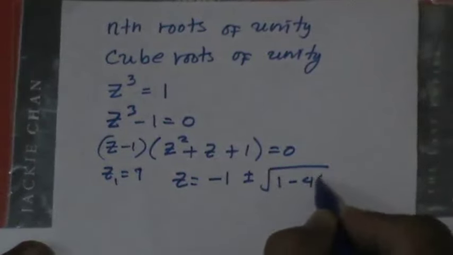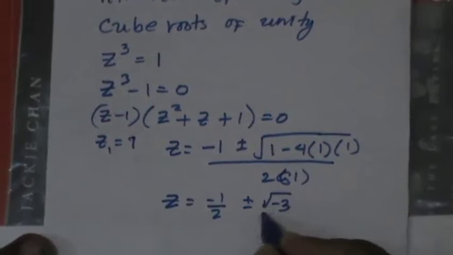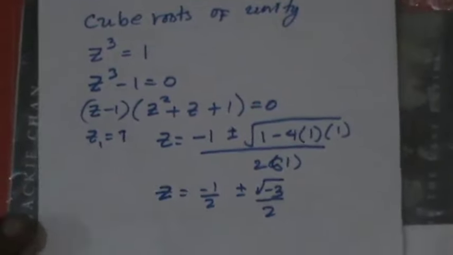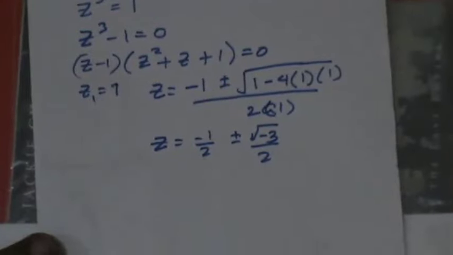Let's simplify that. It will give us z equal to negative 1 over 2, plus or minus the square root of 1 minus 4, this is negative 3, over 2. But what is that equal to?